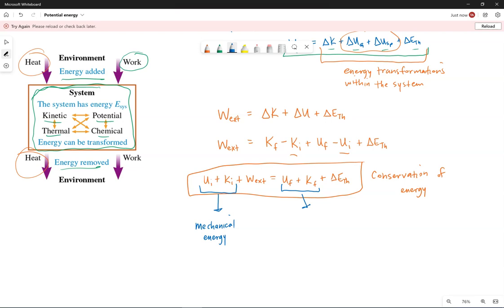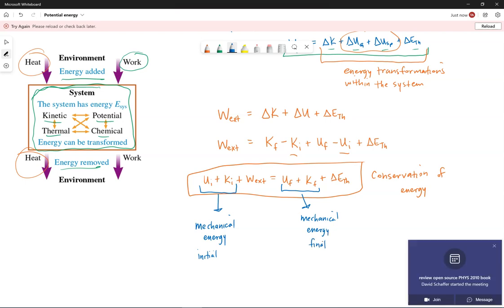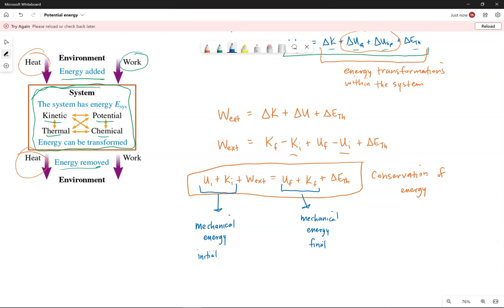So mechanical energy initially on the left, and mechanical energy finally can only change if thermal energy is generated. So thermal energy is generated if there's kinetic friction. Kinetic friction, so a box sliding on the floor, the temperature increases. That is a specific change in energy.